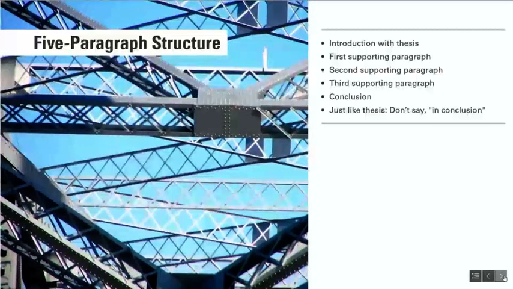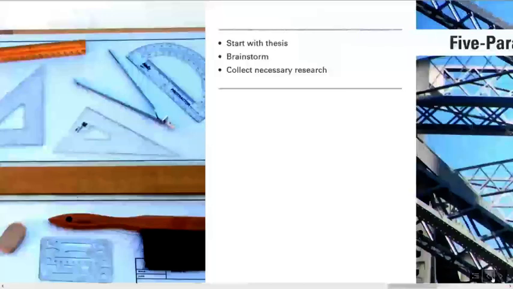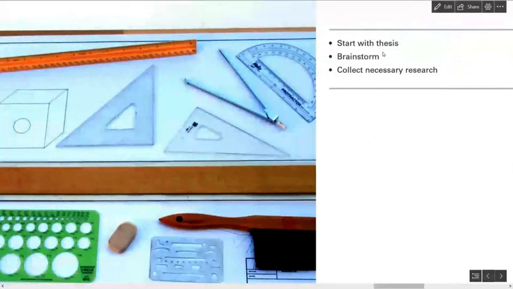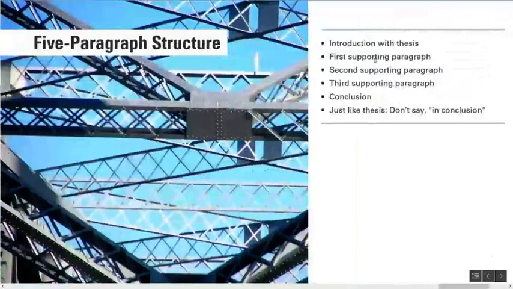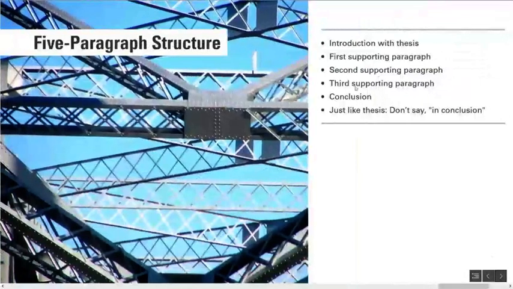So let's go back one step here. When you're drafting and you're brainstorming and you're collecting the necessary research, take all the things that you have brainstormed and collected and place them into each area.